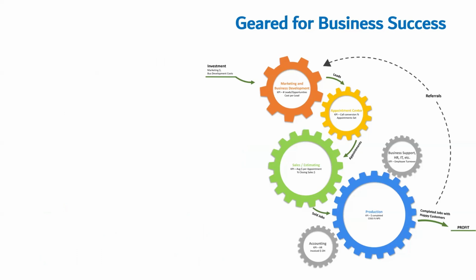But here's the thing, you can't manage all these things yourself. You can't do that effectively. In the beginning, you can, when your business is small and the owner does a lot of these functions. But as the business grows, the owner needs to designate someone who's in charge of the gear so they can focus on that gear and the owner can focus on other areas.